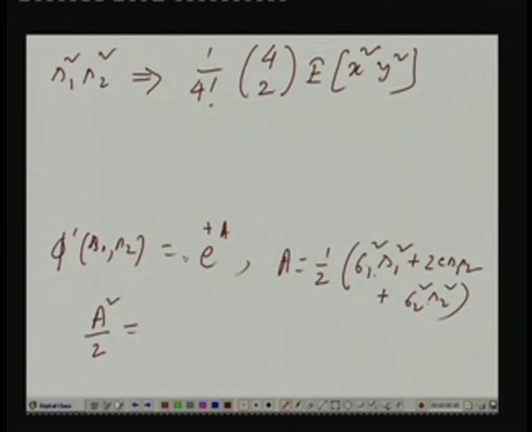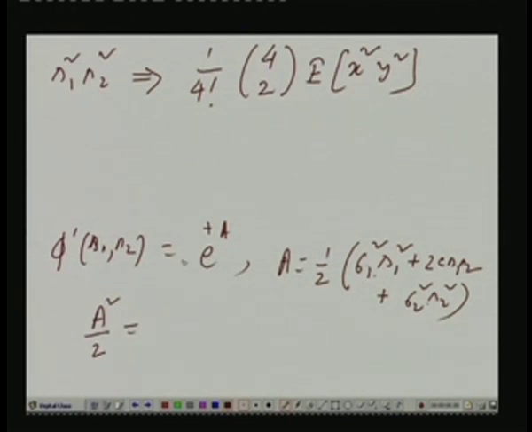If s is j omega 1, then s1 square is minus omega 1 square, s2 square is minus omega 2 square, and s1 s2 is minus omega 1 omega 2, right. So, it should be actually plus.